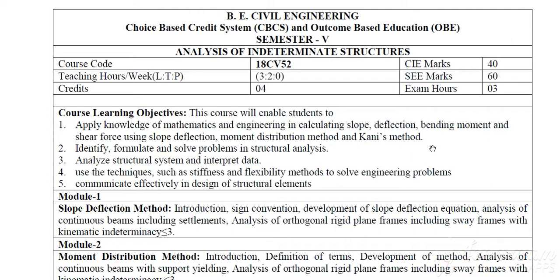But one time you can recall, determinate structures mean: if it is possible to analyze a particular structure by using the three equilibrium equations, then that type of structure we call a determinate structure.